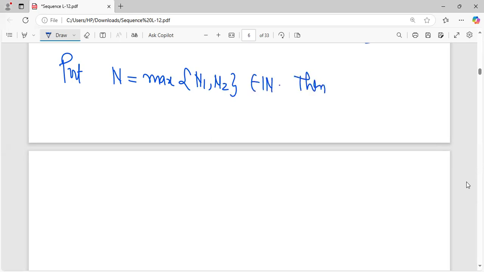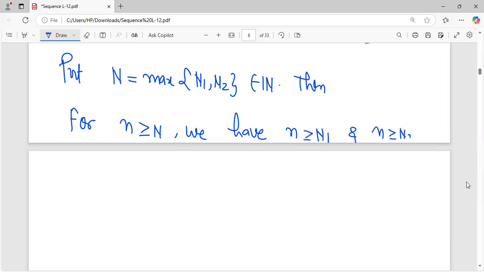Then for n greater than capital N, we have n greater than N1 and n greater than N2.